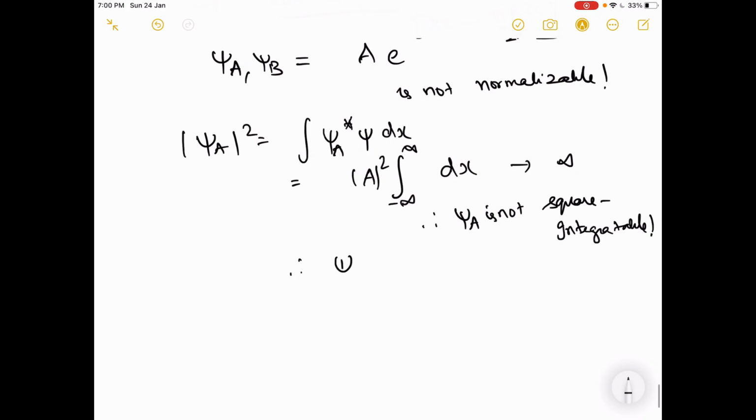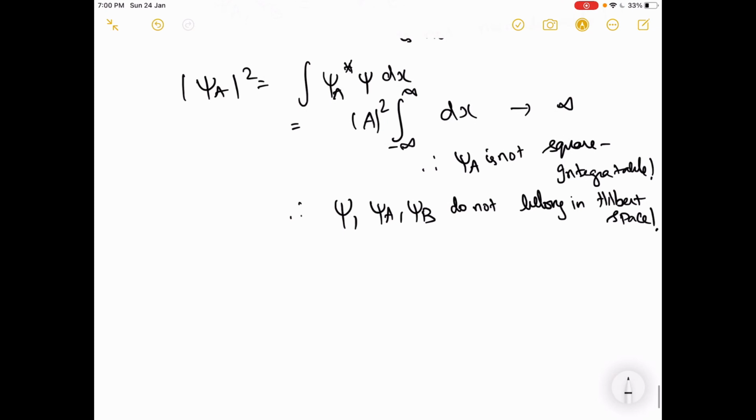Therefore, the free particle plane waves psi a and psi b do not belong in Hilbert space. So what's the problem? Where did we go wrong?